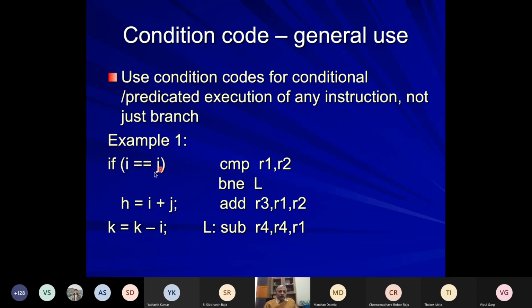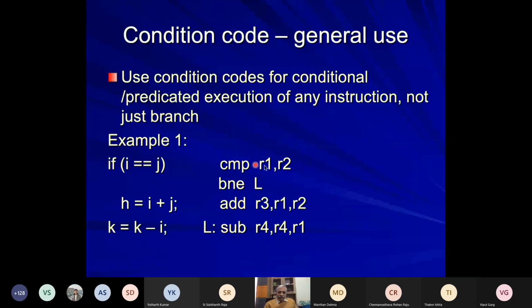On the left you have a comparison of i with j, and if i is equal to j, you are doing this statement h equal to i plus j, and k equal to k minus i is being done in both cases. I had shown this example earlier, and we looked at its assembly equivalent as shown here.